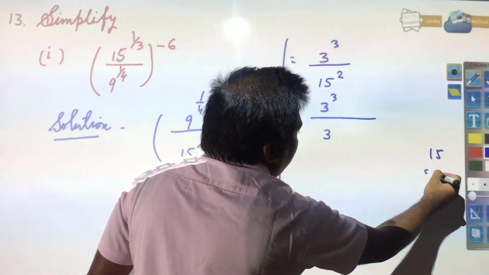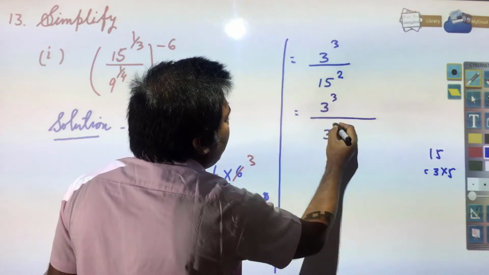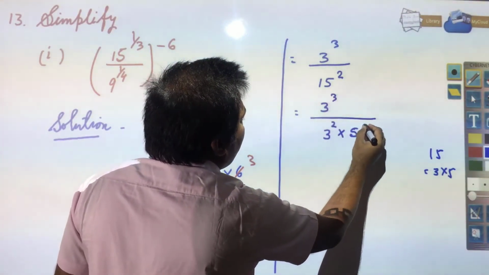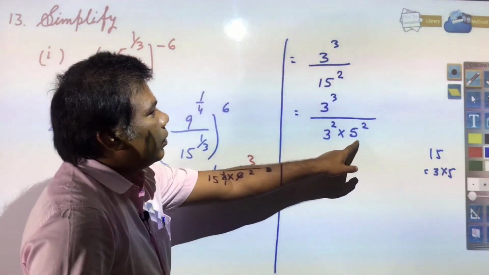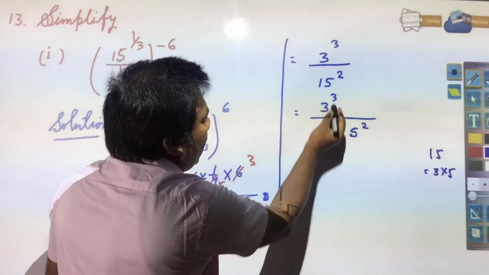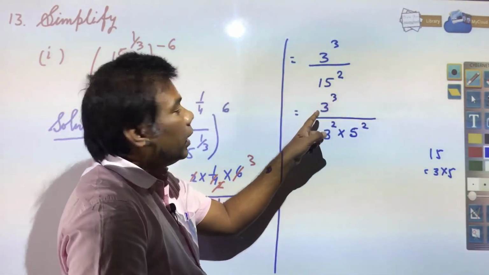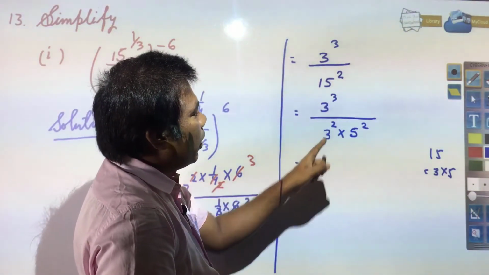If you factorize 15, you will get 3 into 5. So it can be written as 3 to the power 2 into 5 to the power 2, and 3 fives are 15, to the power 2. Now, 3 to the power 3 divided by 3 to the power 2 means a to the power m minus n.